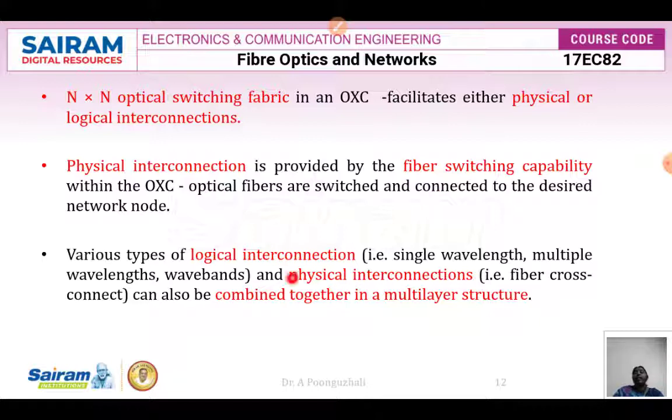The various types of logical interconnections are a single wavelength, multiple wavelengths or wave bands, and the physical interconnections are the fiber cross connects. These two can be combined together to form a multi-layer structure.